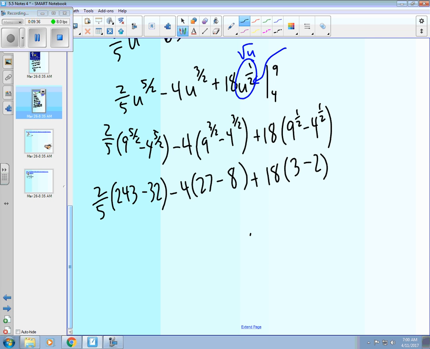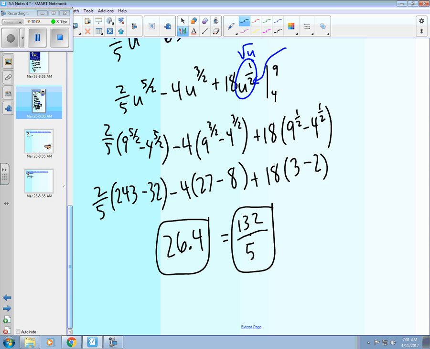So if we plug that in, looks like the answer comes out to be 26.4, or if you had that as a fraction, that would be 132 over 5. Either one of these answers would be acceptable because it's the exact answer.